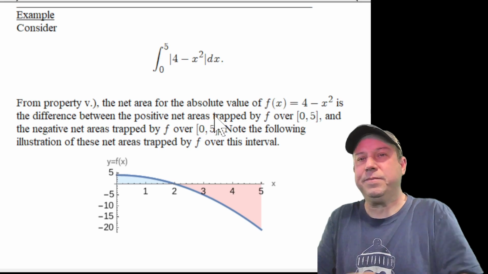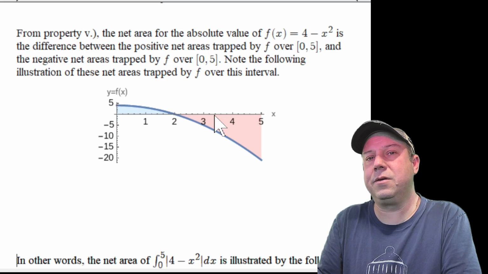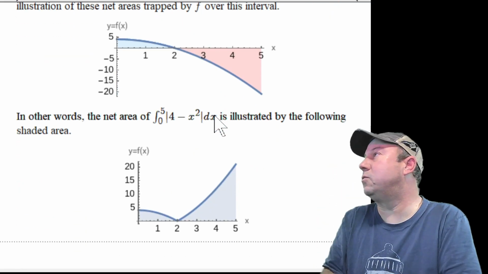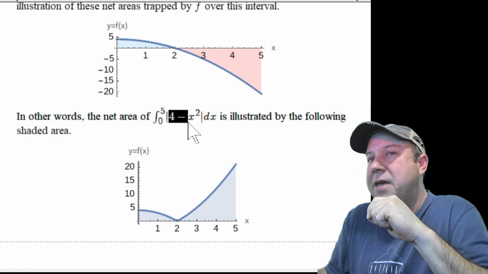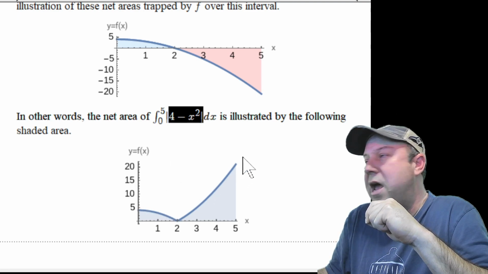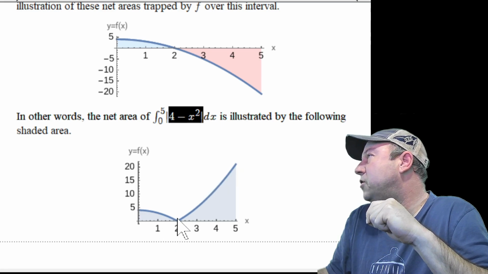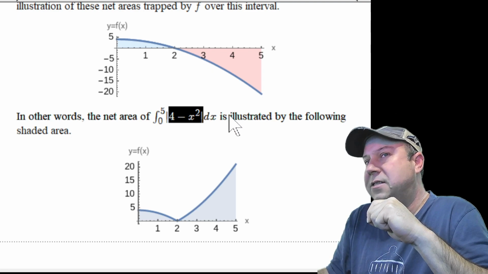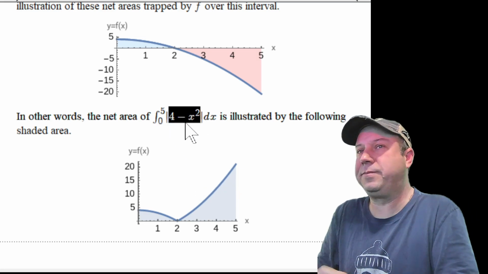Now, if we think about that situation, in other words, what we're going to be calculating here is the net area trapped by the absolute value of 4 minus x squared, which would actually be the portion of the shaded area trapped by this function seen here, where what used to fall below the x-axis in just 4 minus x squared now reflects back above because the absolute value forces it to be positive.